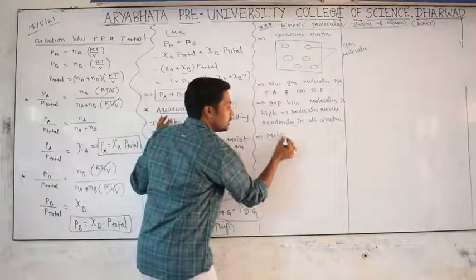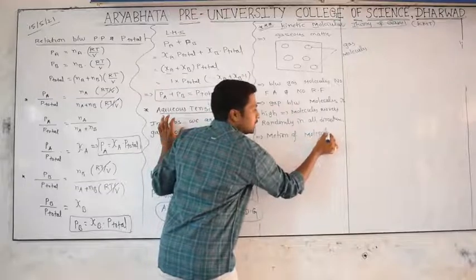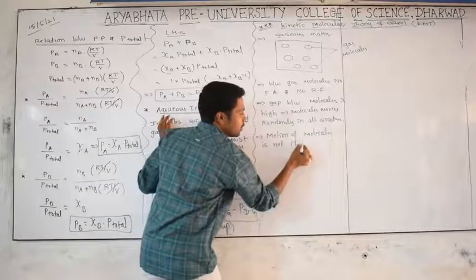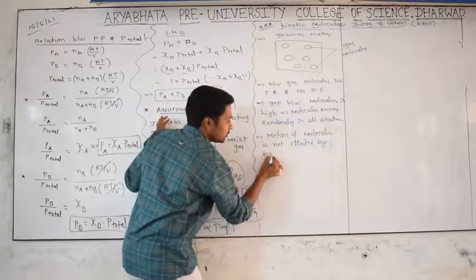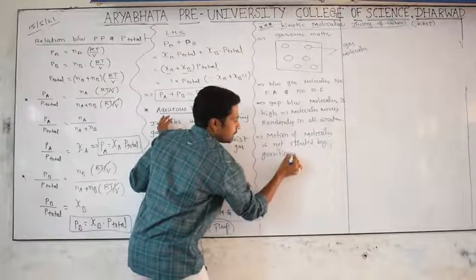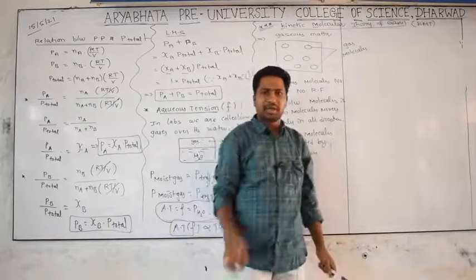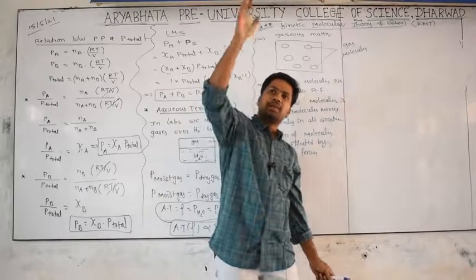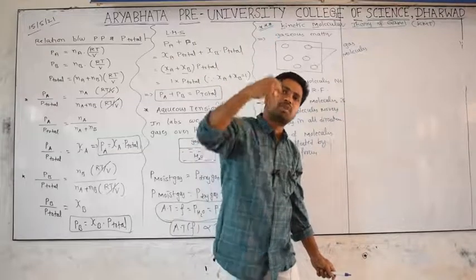The motion of gas molecules is not affected by gravitational force. You can take a perfume bottle. If you press the perfume, what happens? The perfume is moving, meaning we feel the perfume smell, meaning gas molecules are moving.